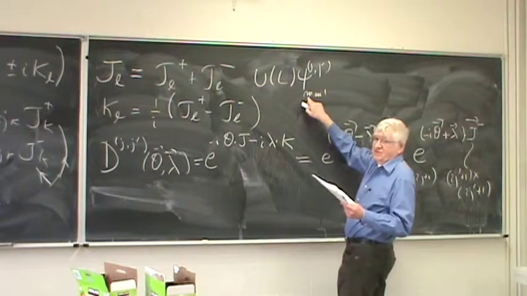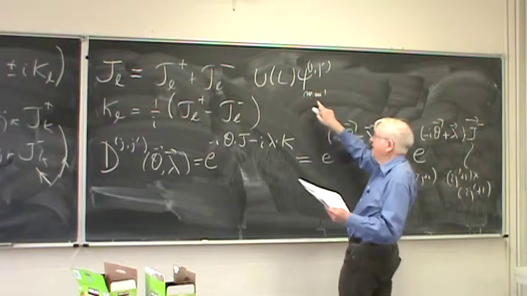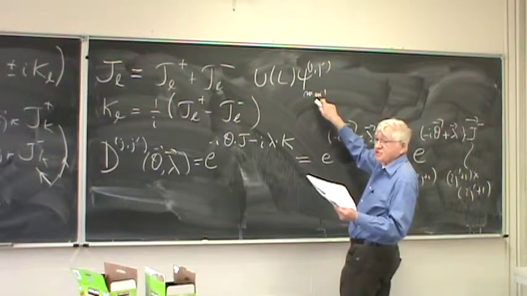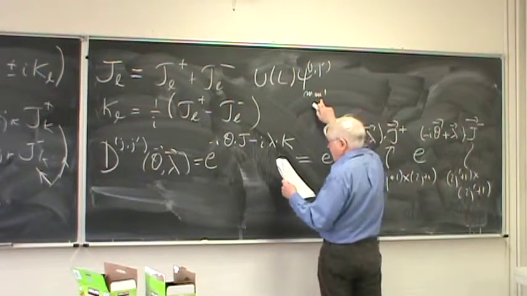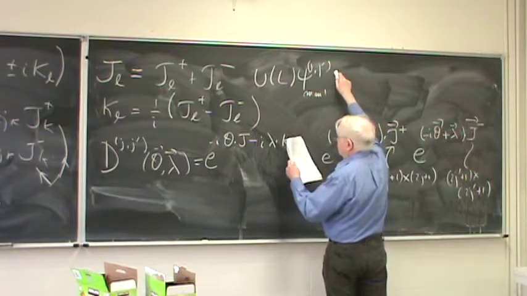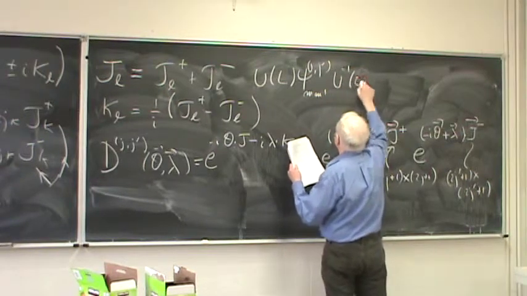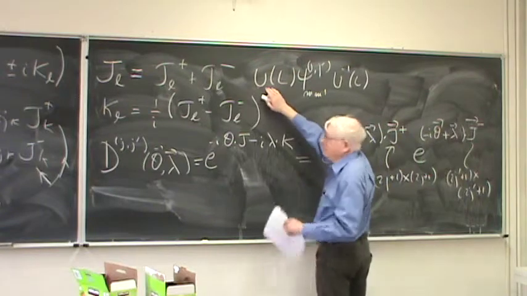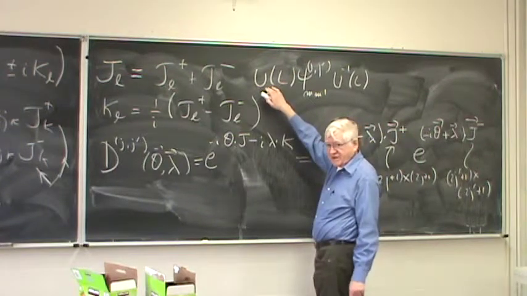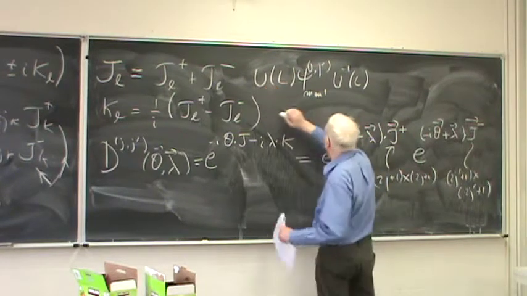So M runs from 1 to 2J plus 1, and M prime runs from 1 to 2J prime plus 1. And then we have a U inverse of that. These guys are unitary matrices, but infinite dimensional. They're the operators.